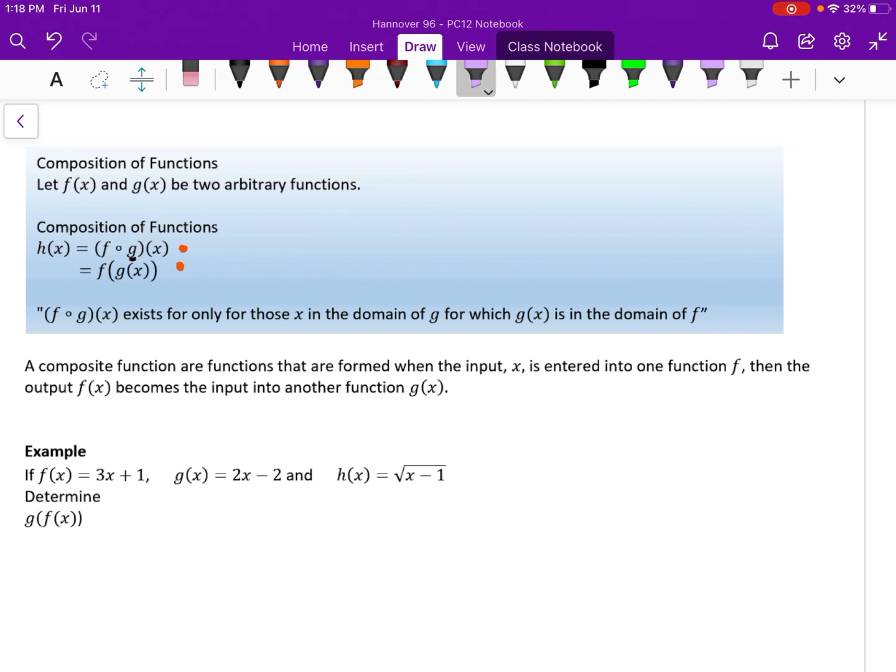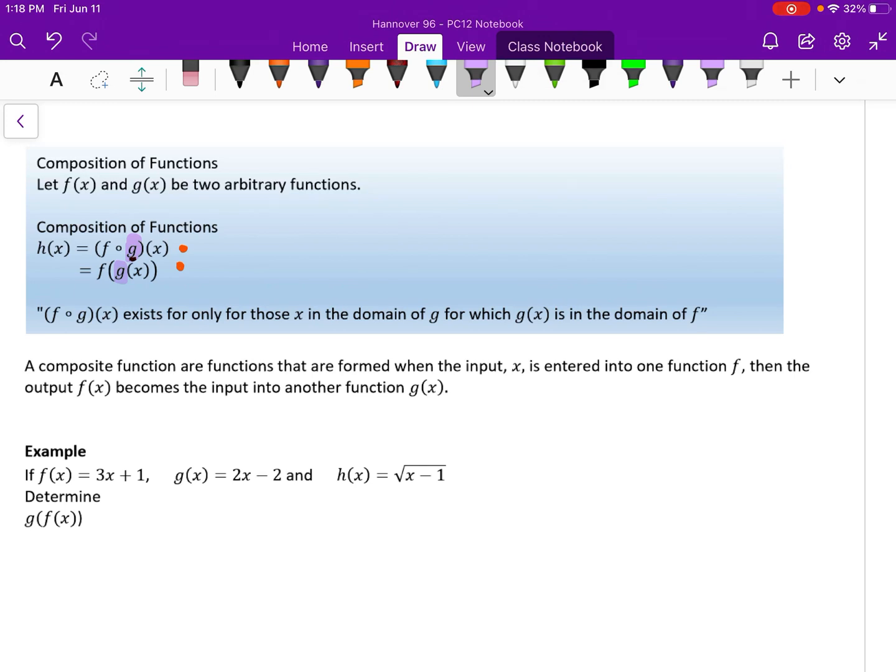Something that helps me is that the g is closer to the x in the composition, so the g will be on the inside, closer to the x in my nested functions. If you program, you've probably heard that word nested before. So that's what we have, nested functions or a composition of functions.